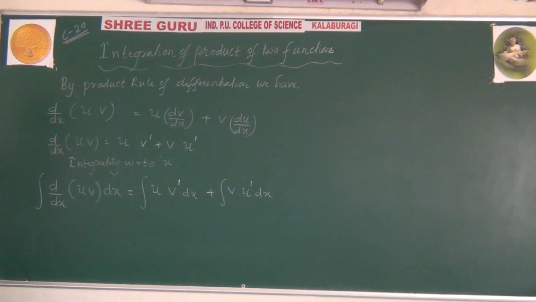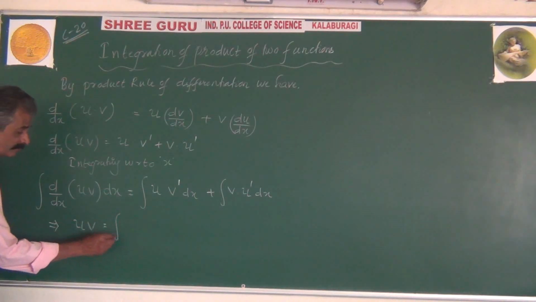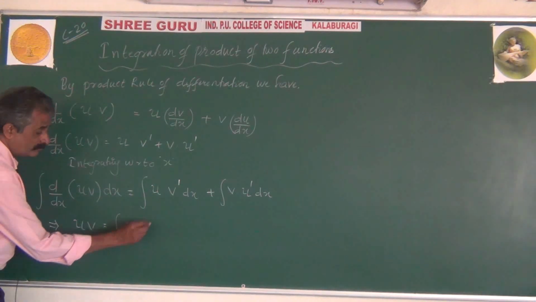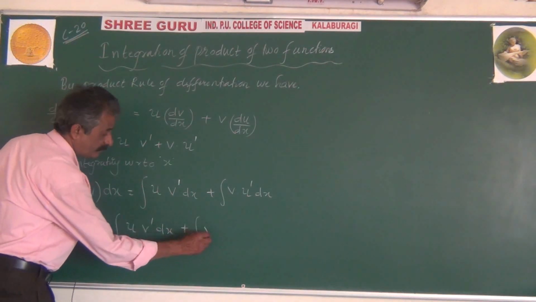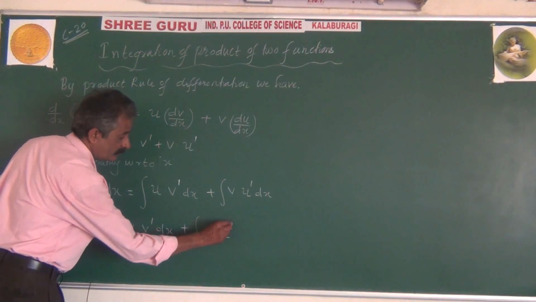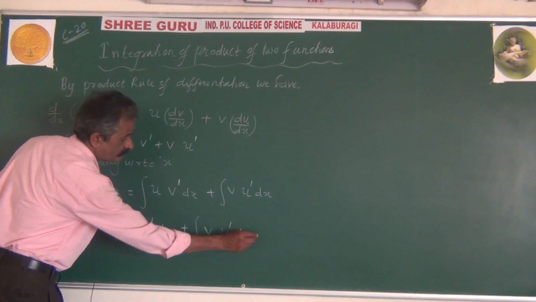The original function is uv, which implies that uv equals integration of u into v dash dx plus integration of v into u dash dx.